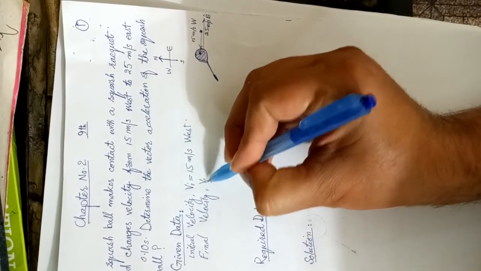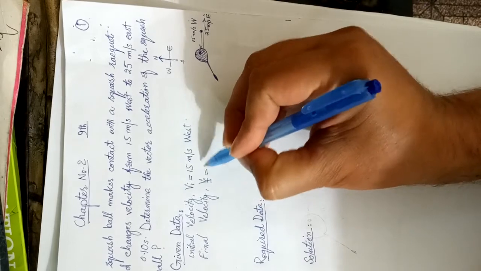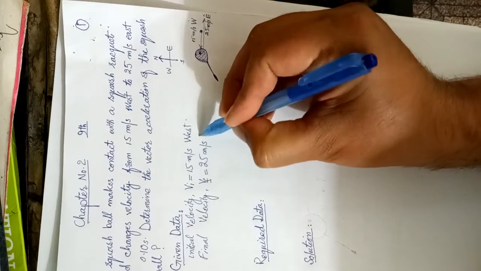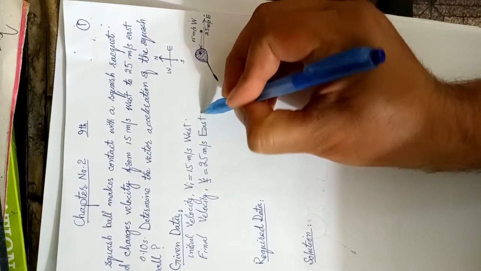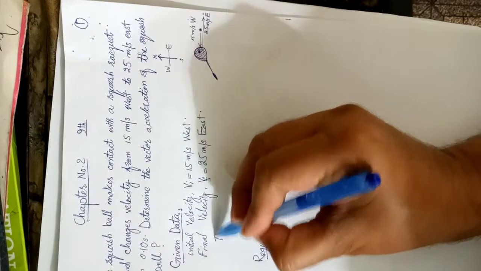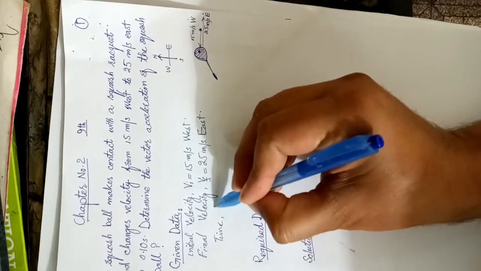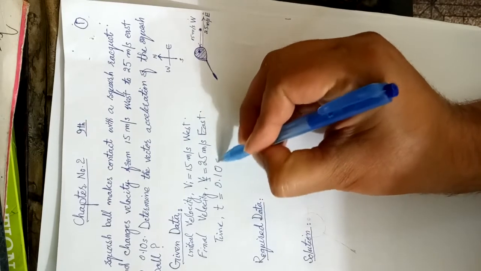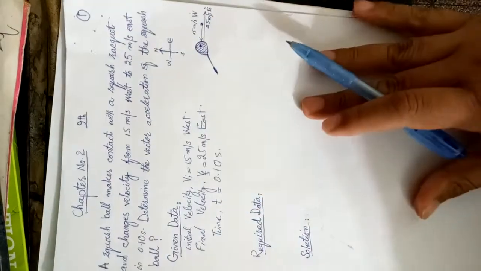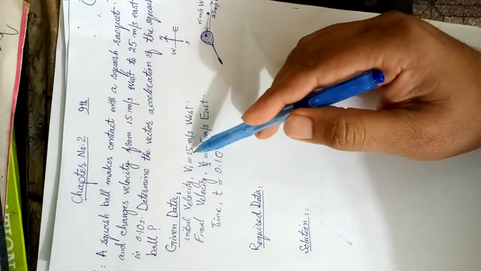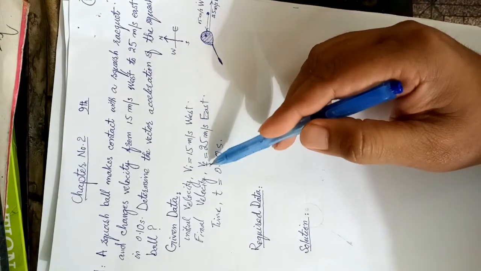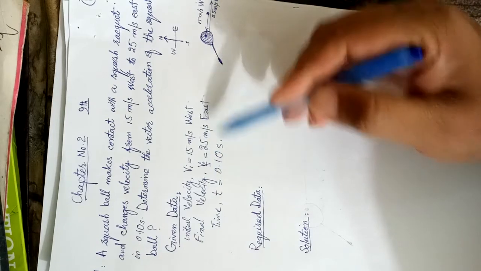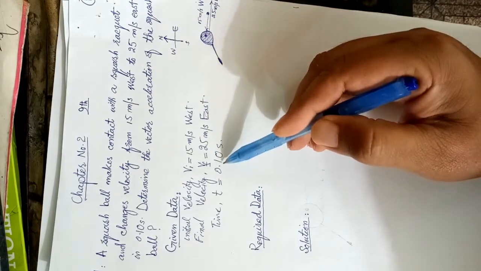That is denoted by Vf and it is 25 meter per second towards east, and the time of interaction, or the time t, is given, that is 0.1 second. Now that is the given data: initial velocity 15 meter per second towards west, final velocity 25 meter per second towards east, time is 0.1 second.